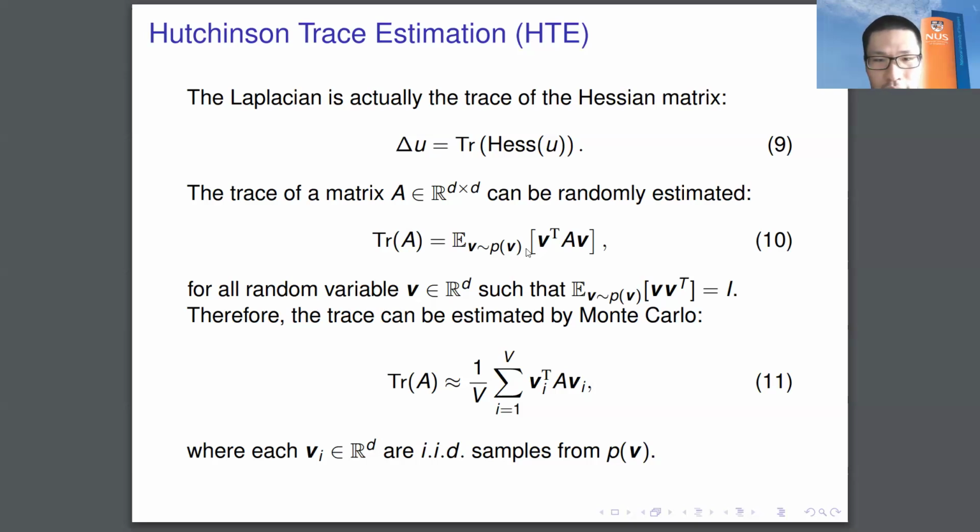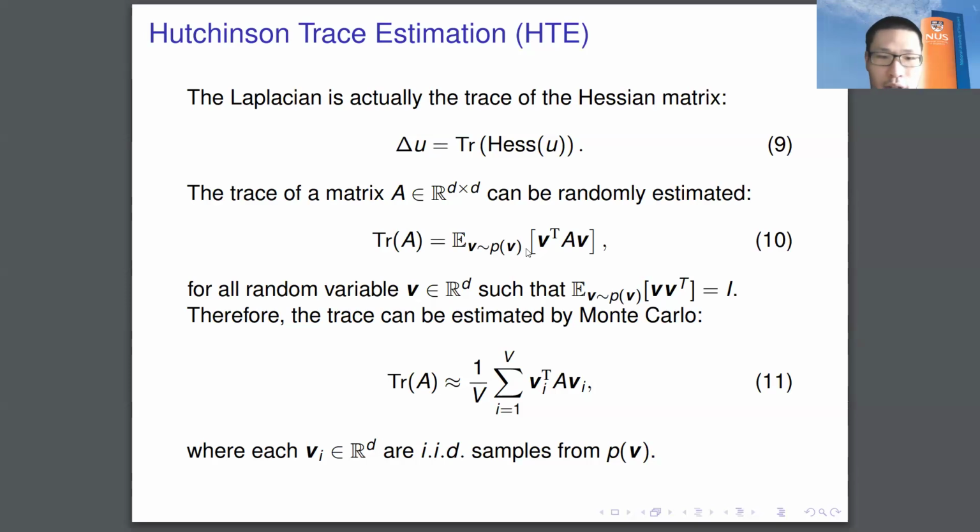So the trace of A equals an expectation of a Hessian vector product, V transpose A times V, for all random variables V, which is a d-dimensional vector, such that the covariance matrix, the expectation of V times V transpose, will be the identity.